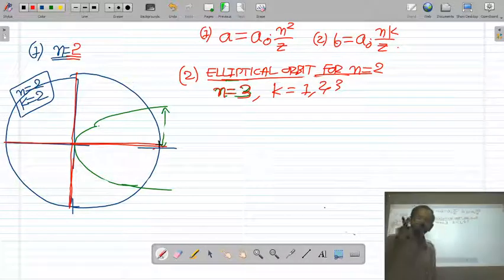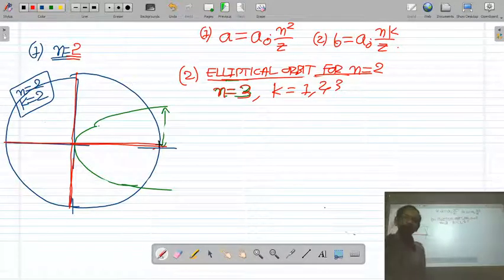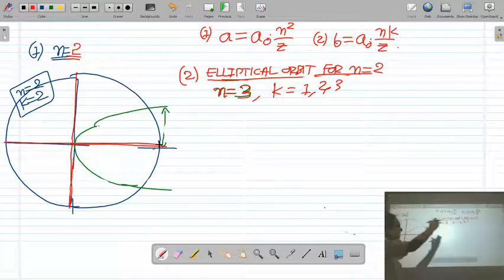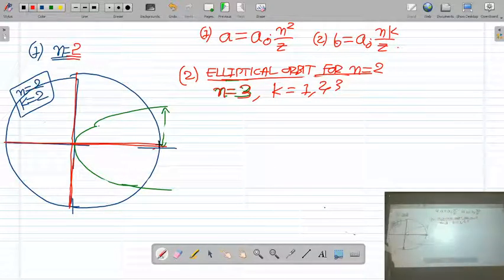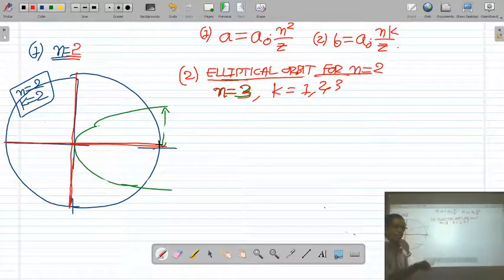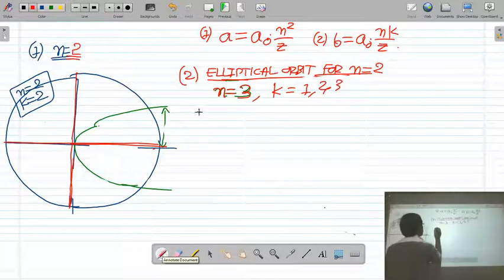For n is equal to 1, we have one value of k, that is 1. For n is equal to 2, we have two values of k, 1 and 2. And for n is equal to 3, we have three values of k, 1, 2 and 3. So here we will get three orbits.